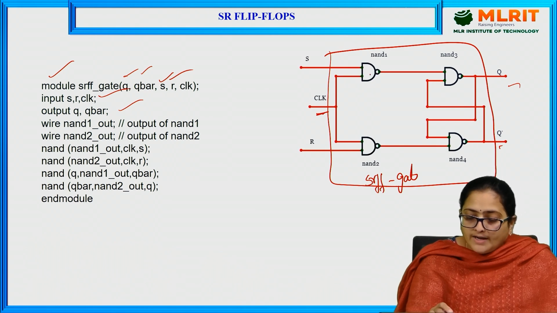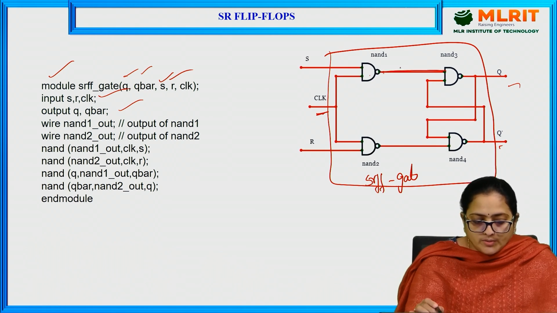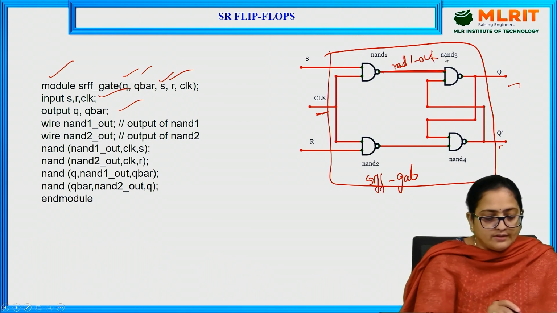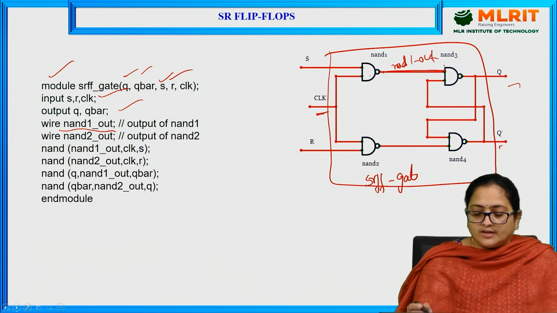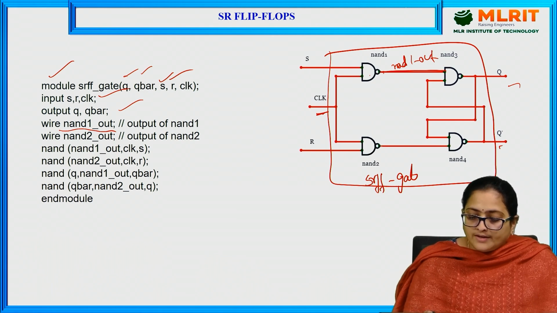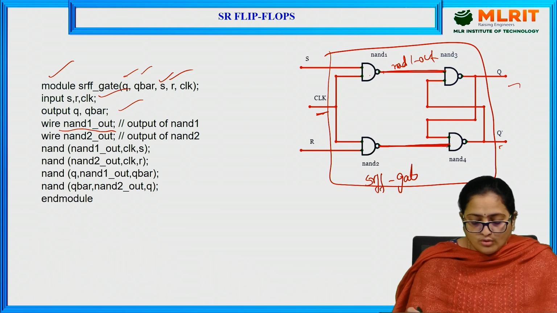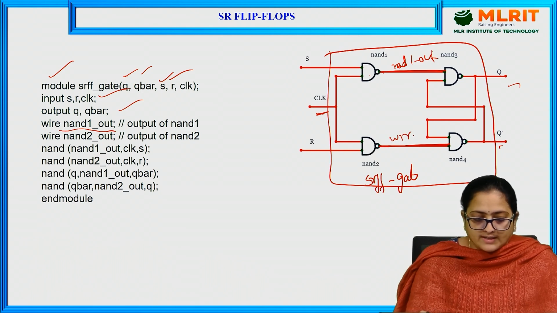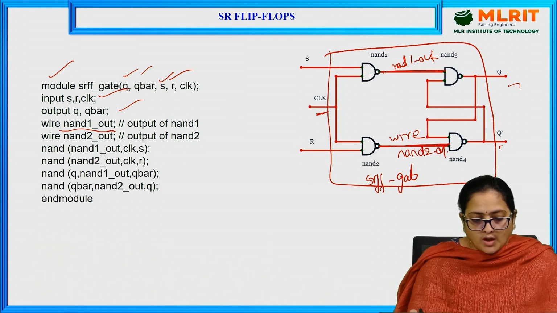Here the NAND gate 1 output is driven to NAND gate 3, which has to be represented with a wire, and the wire name taken is NAND1 underscore out. And here the NAND 2 output is driven to the input of NAND 4, and this is also declared as a wire, and the wire name is given as NAND2 underscore out.